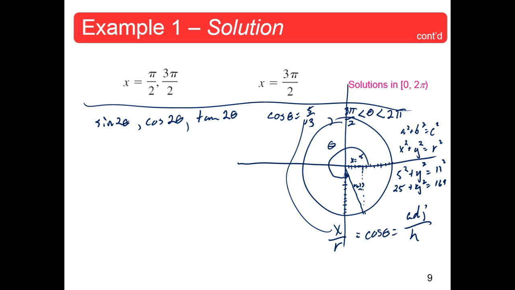And then what do we do? You're looking for y. So subtract the 25 from both sides. And what does that give us? y squared is equal to 144. So what would y be?